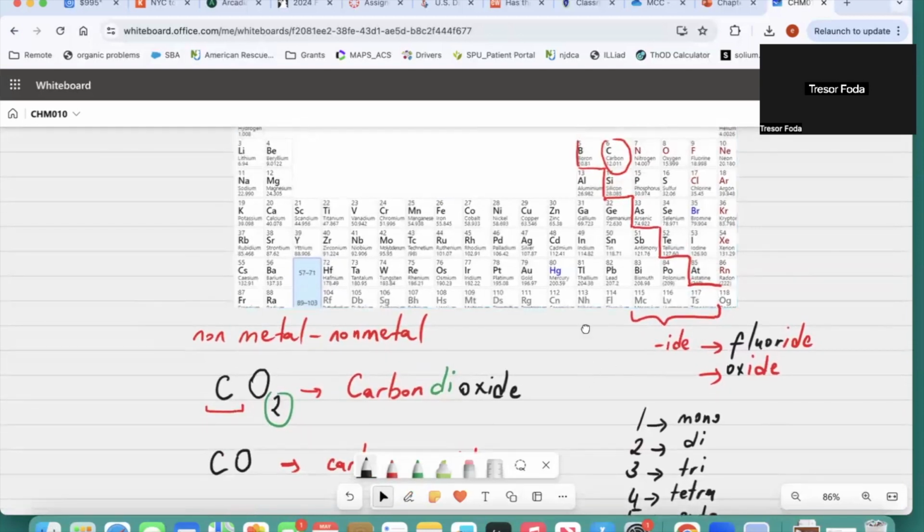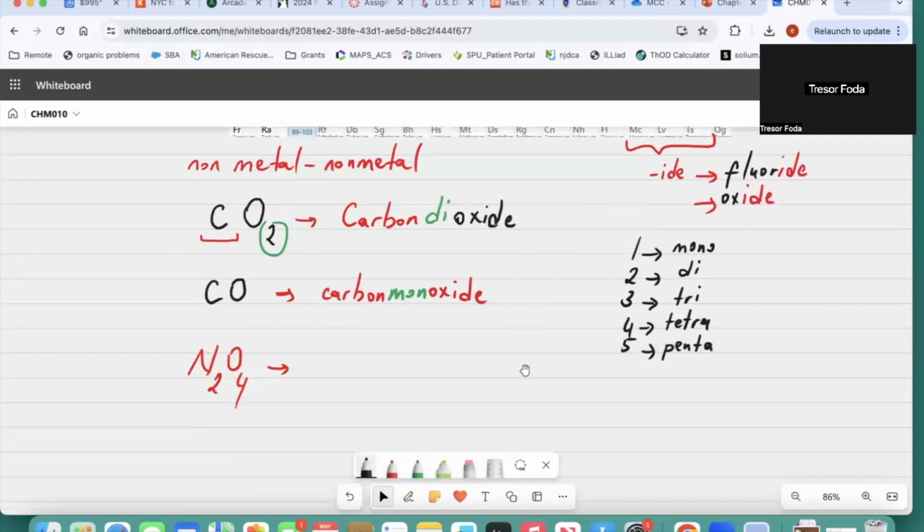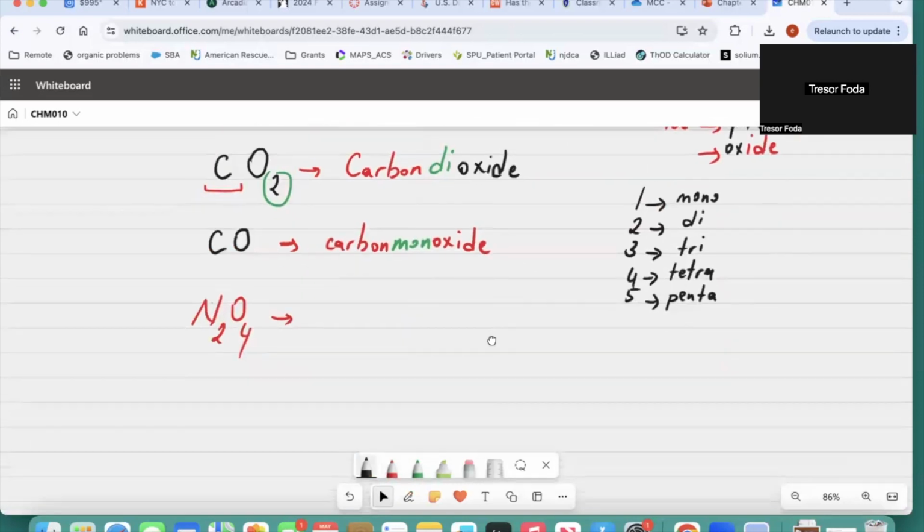Should we say just nitrogen, or should we say dinitrogen? Dinitrogen, very good. We should say di to indicate you have 2 of them, and then nitrogen. And for the second one, how many? Tetra. Very good.